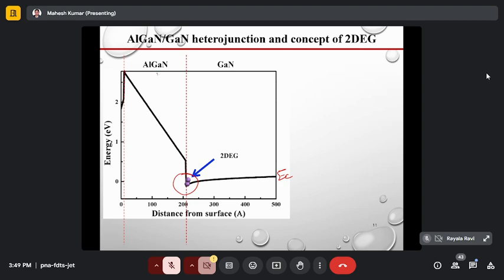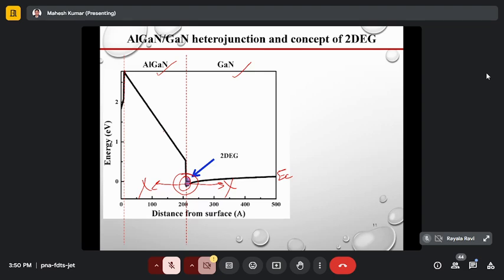So if you are using an aluminum gallium nitride and gallium nitride heterojunction, these carriers come to the lowest energy state. Now these electrons cannot move in this direction, cannot move in this direction. This movement is not allowed here, because the energy is very high, here is also high.